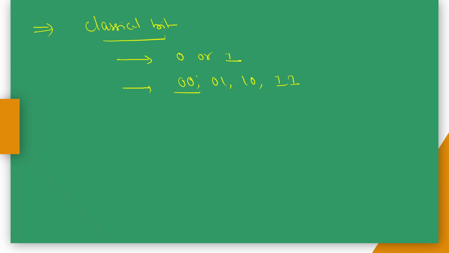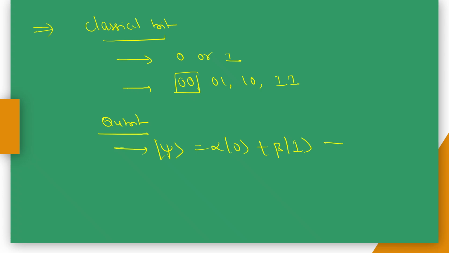Any one of the states is occupied and the remaining are not used. Whereas in case of a qubit, it is a superposition. The state is represented like alpha state 0 plus beta state 1, for this single qubit.